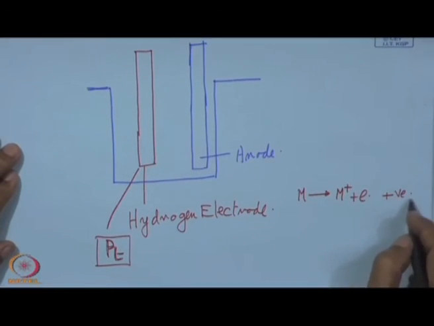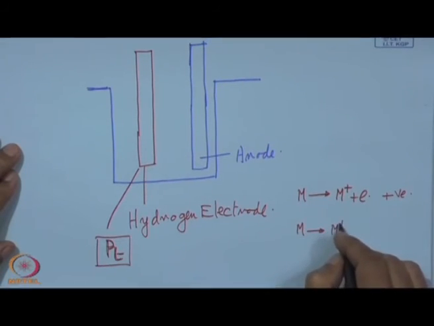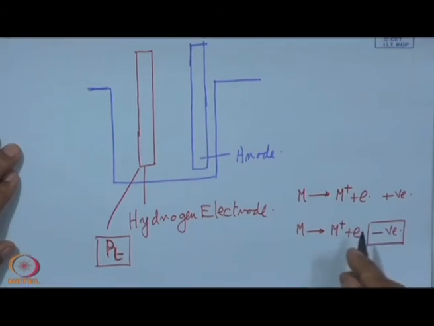But if we find a metal with a negative value, it is not electropositive, rather it is electronegative and cathodic in nature, that means this material cannot so easily release the electron.